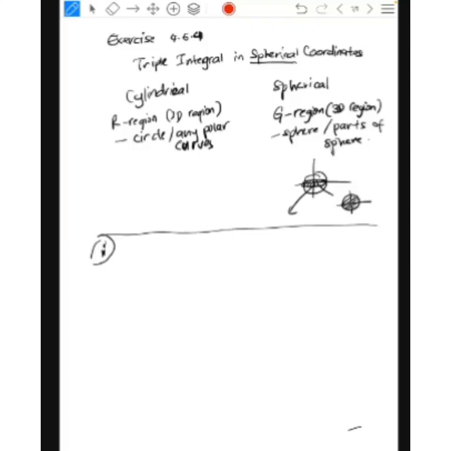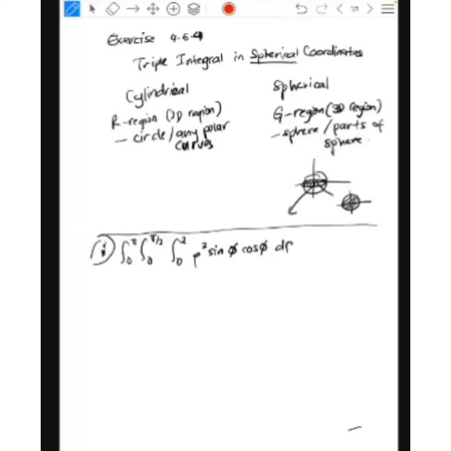Okay, let's look into question number 1. Sketch the region G and evaluate the iterated integral. We are going to look into the iterated integral first: 0 to pi over 2, and then 0 to 2, rho to the power of 3, sine phi, cos phi, d rho.